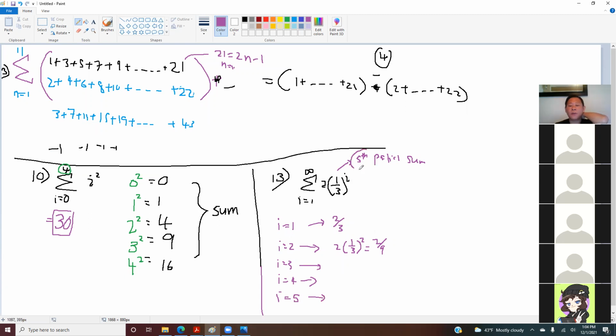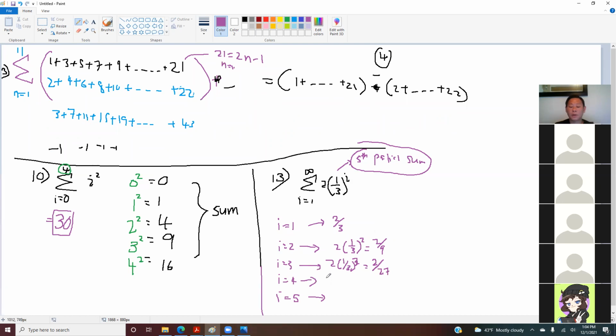Because the question is asking for the fifth partial sum, that's why we stop at 5. Anyone got the i equals 3? Two over 27.